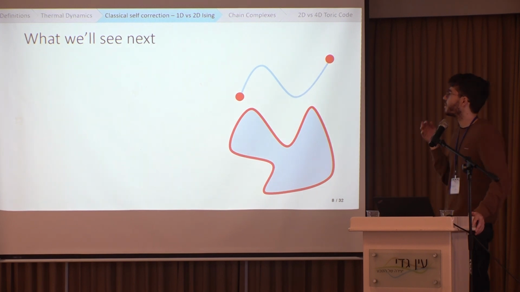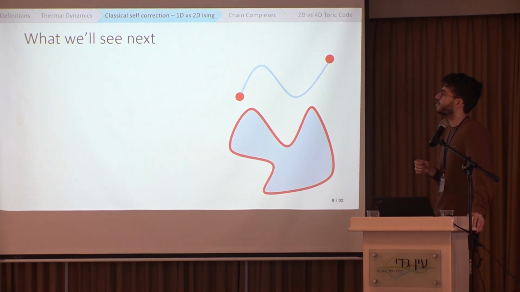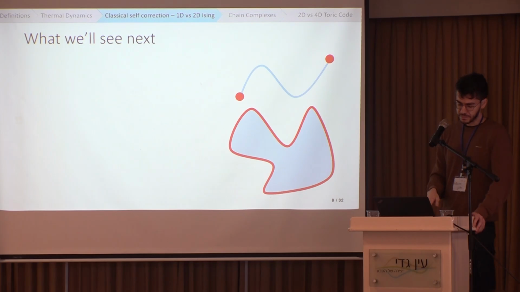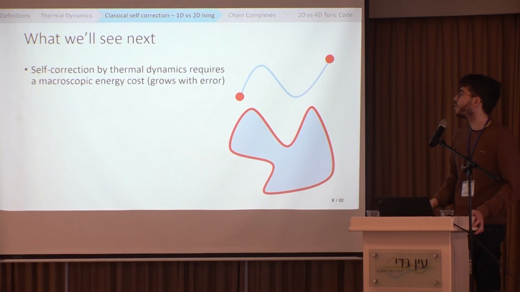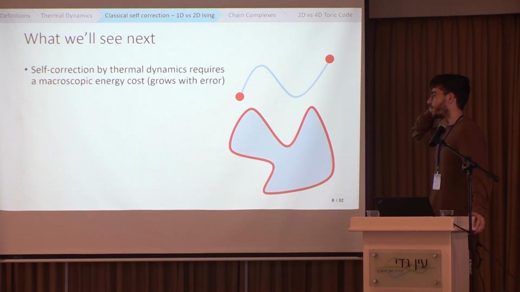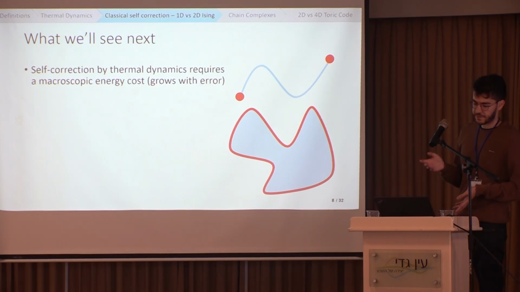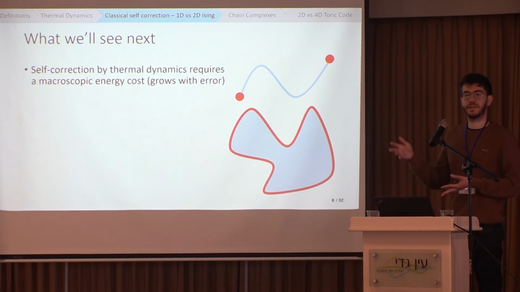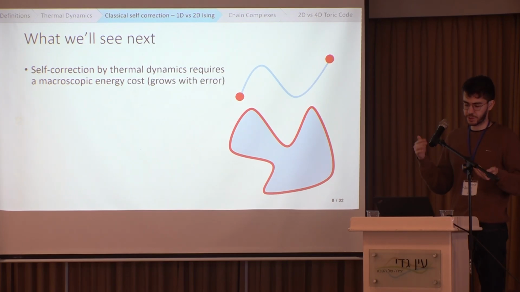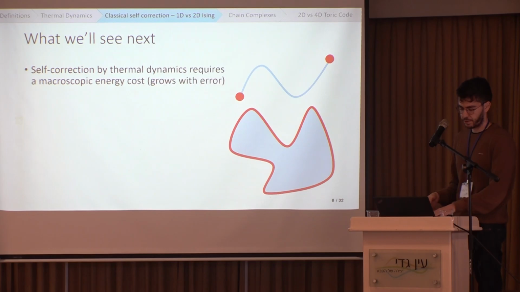So after we understood a bit about thermal dynamics, we'll now move to a classical self-correction example in the Ising model. And we'll see that self-correction with thermal dynamics requires a macroscopic energy cost, which means that the cost grows with the error.